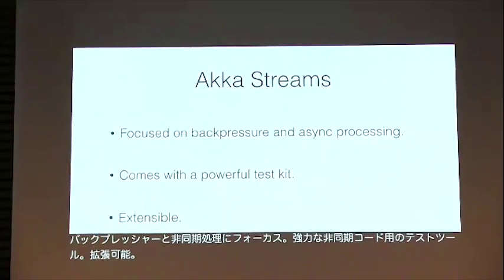The test kit allows specifying test streams and test assertions in a simple way. The tests are short and simple, and the test kit is really powerful. So it is a big advantage of Akka Streams. It's also extensible, which means that it has the ability to add custom stages, like connectors to different kinds of technologies, of which Reactive Kafka is an example.